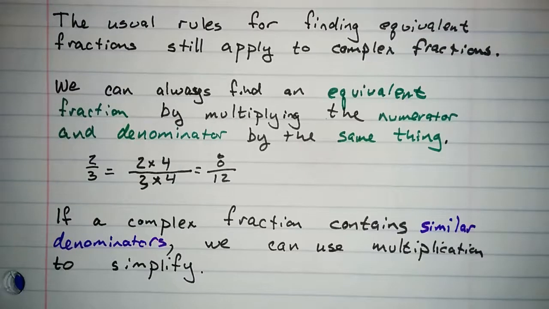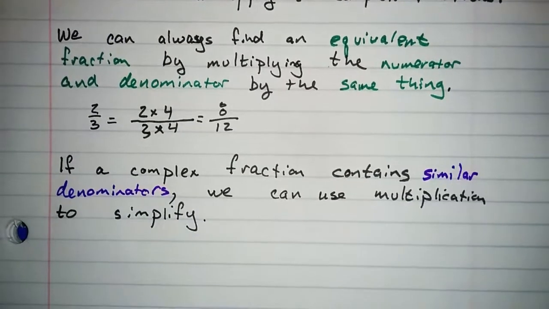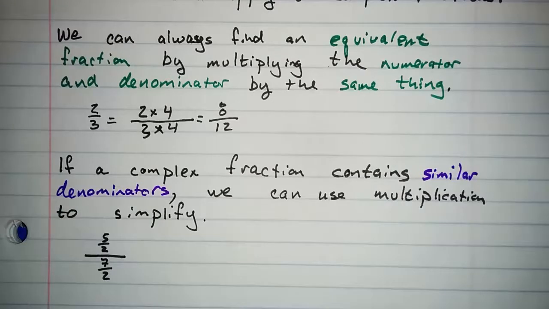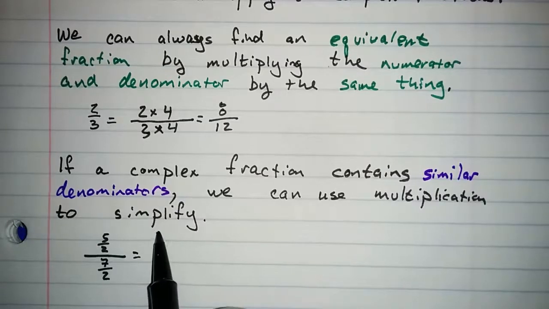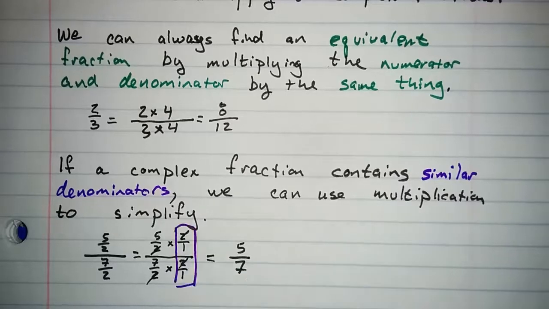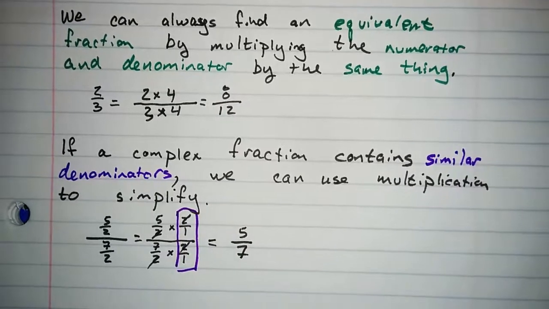One example might be if I have the complex fraction 5/2 over 7/2, I can multiply the numerator and denominator both by 2. Notice the 2's will cancel, and I'll be left with just 5/7. Just like writing equivalent ordinary fractions, we must multiply by the same thing.